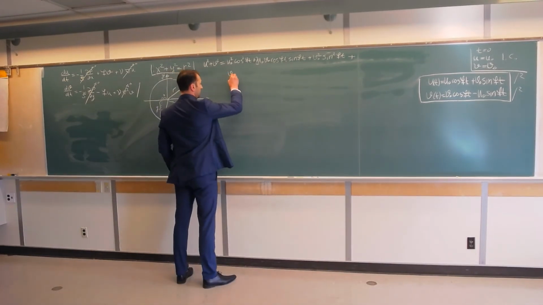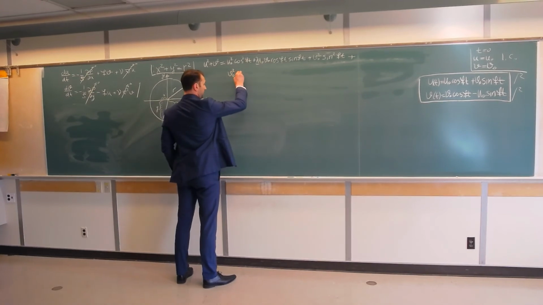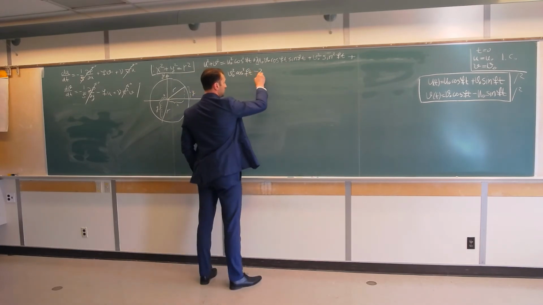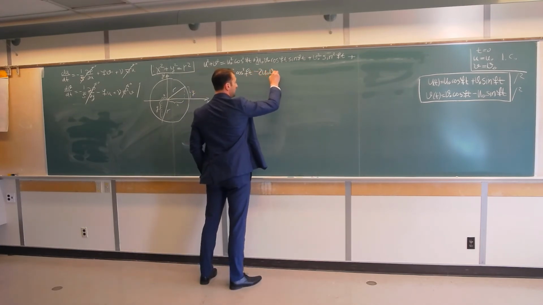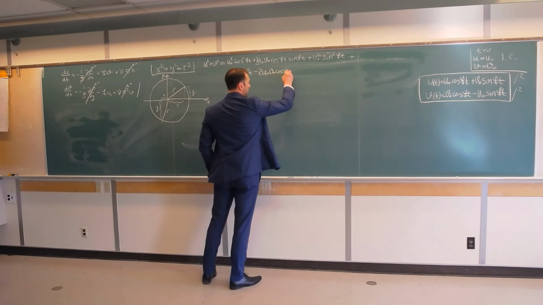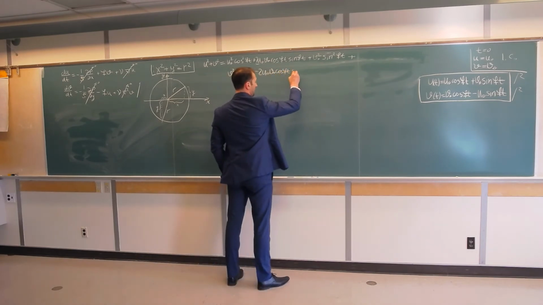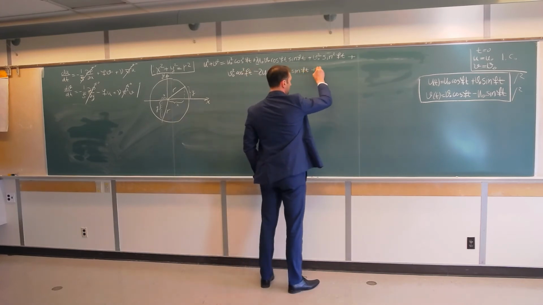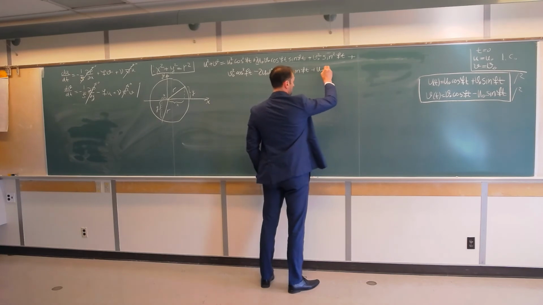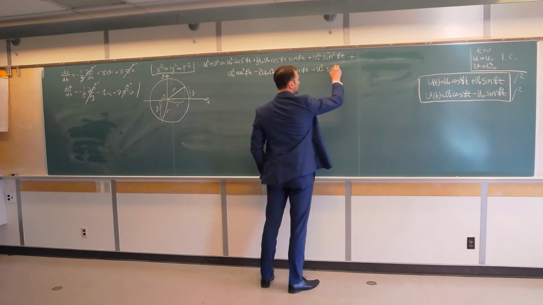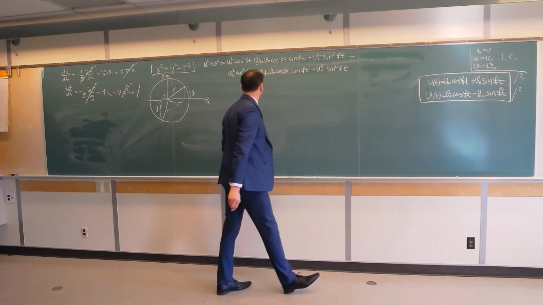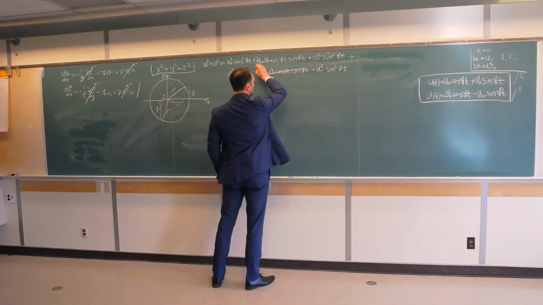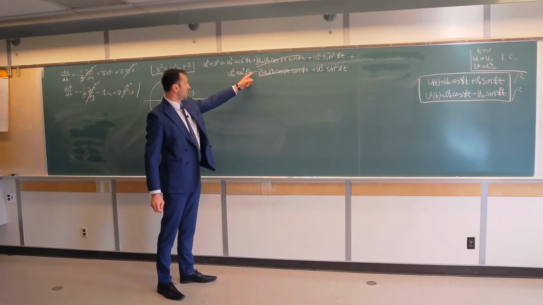I will get v naught squared cosine squared ft minus 2 u naught v naught cosine ft sine ft and plus u naught squared sine squared ft. Now I hope you can see right away that these two terms cancel. They are the same up to a sign.